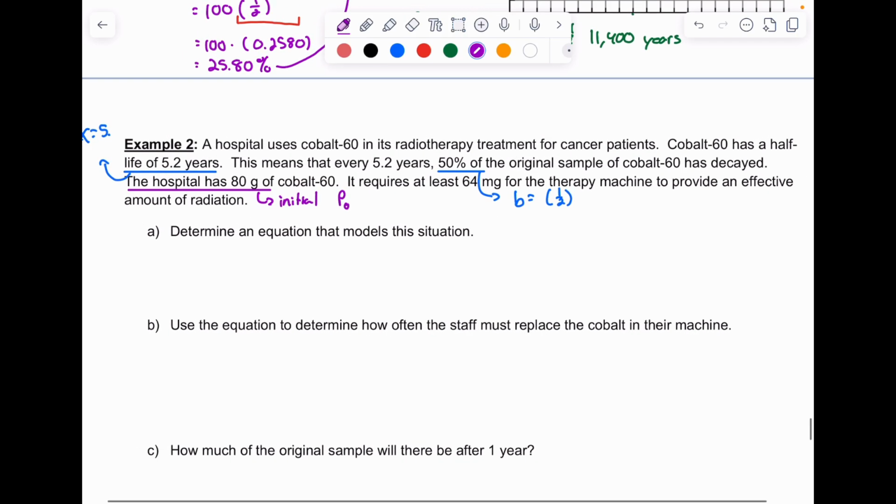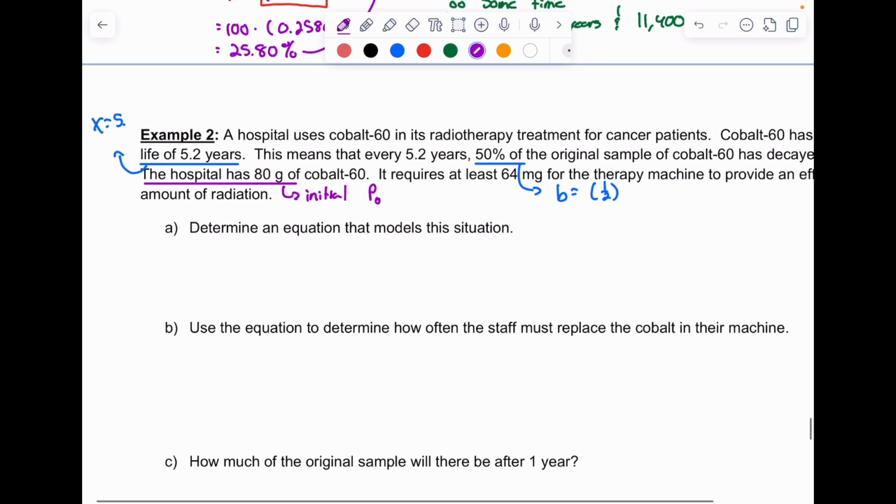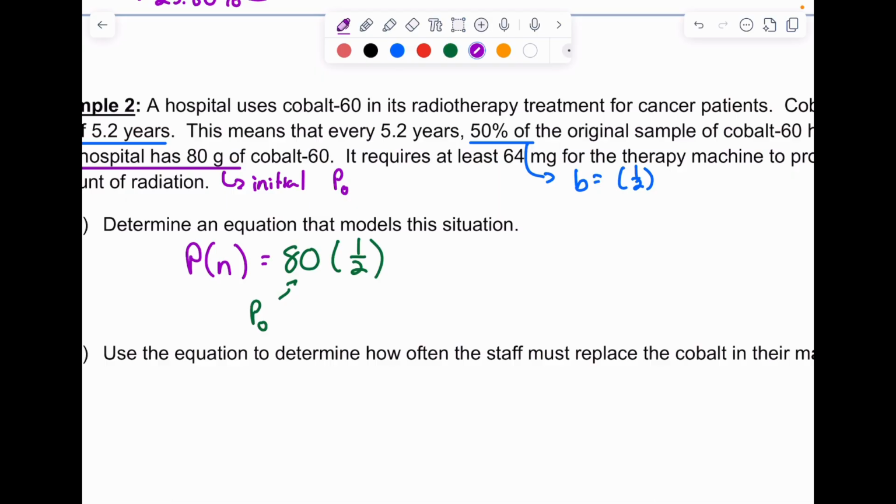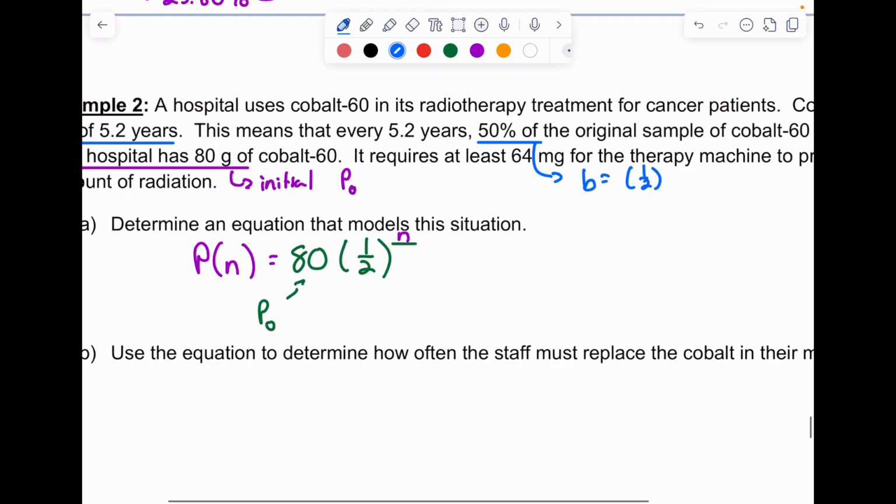So determine an equation that models the situation. Well, we have some future amount, P of n in our case, and that 80 milligrams that it has, this is P naught, is being halved, and the rate it's being halved is divided by this 5.2 here.